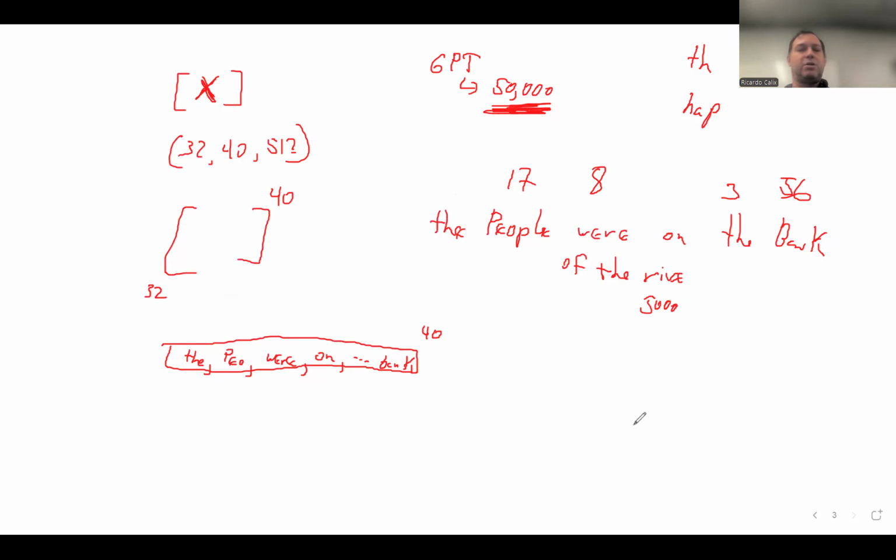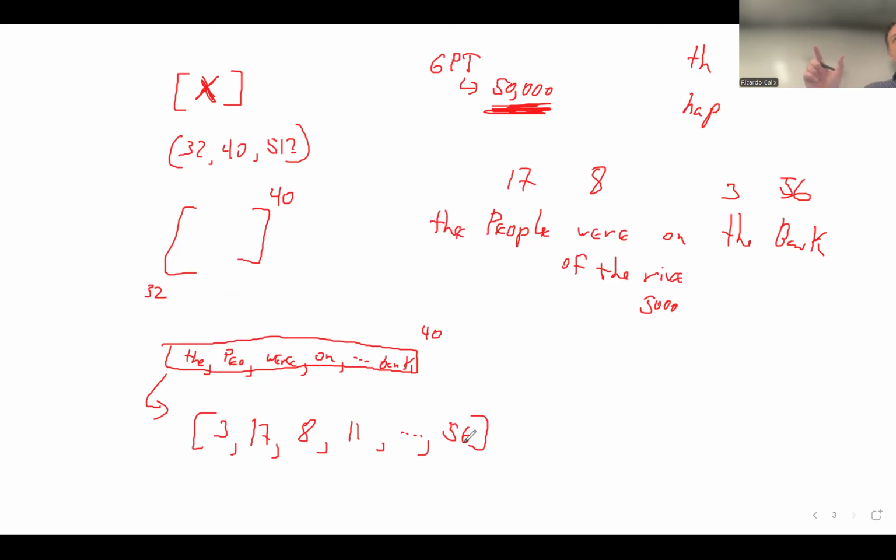So my vector now looks like this: the is 3, people is 17, were is 8, let's say on is 11, dot, dot, dot, and bank was 56. Do you guys see that?